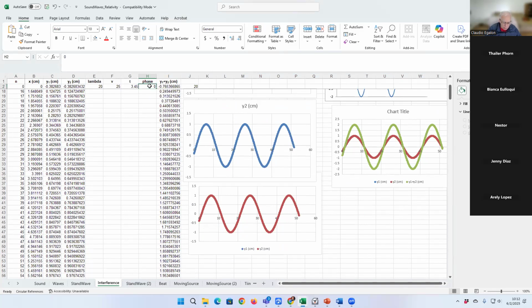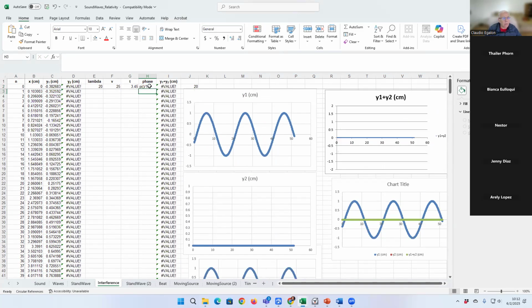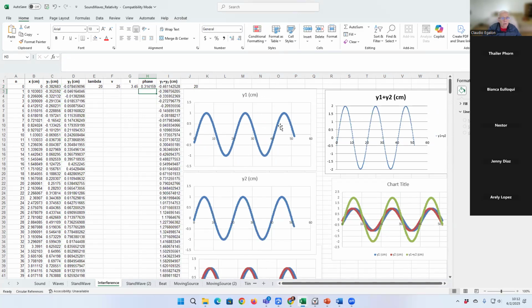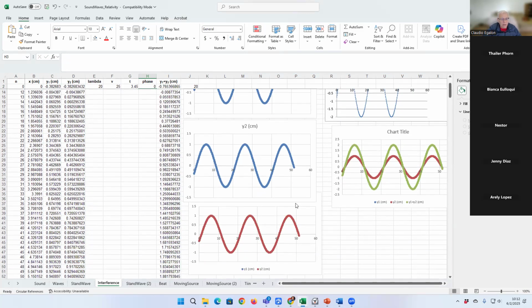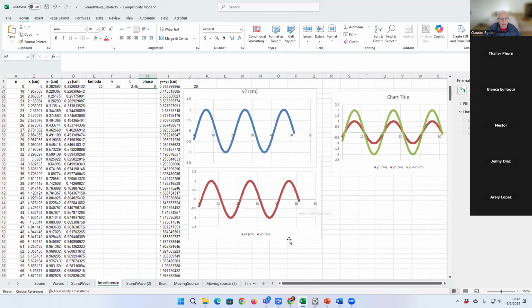If I put just a slight difference in the phase of those two waves, you're going to see that they're just a little bit offset. If I go back to a phase difference of 0, then you cannot see the second wave because one is on the top of the other one. But in reality, we have two waves plotted here.